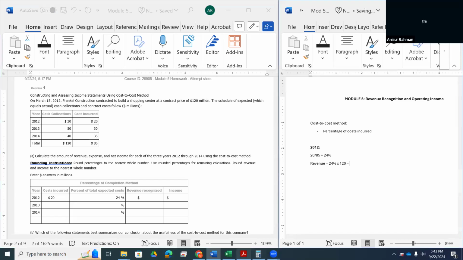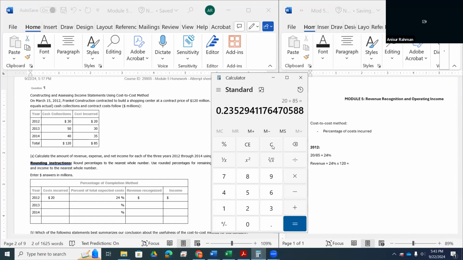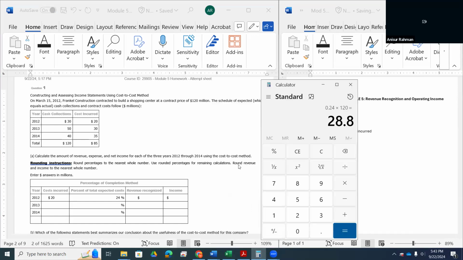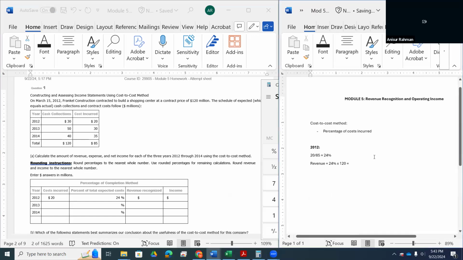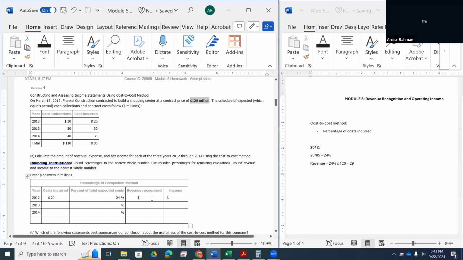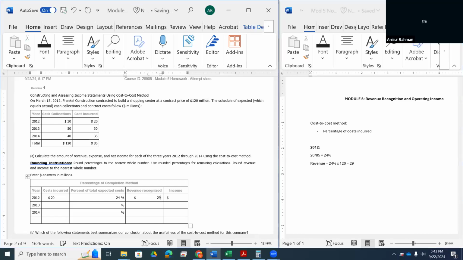So that should be 28.8 million, but it says round revenue and income to the nearest whole number, so it should be 29 million. Our income will be revenue minus our cost. So it will be 9 million.